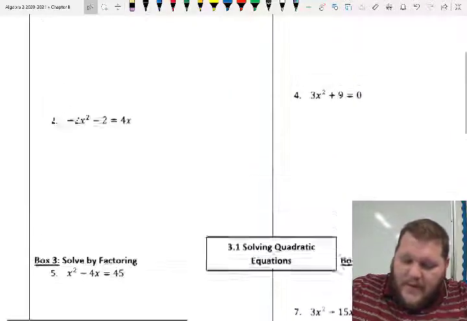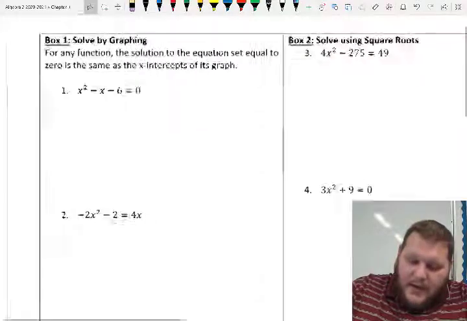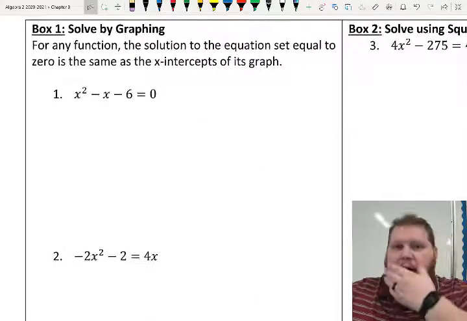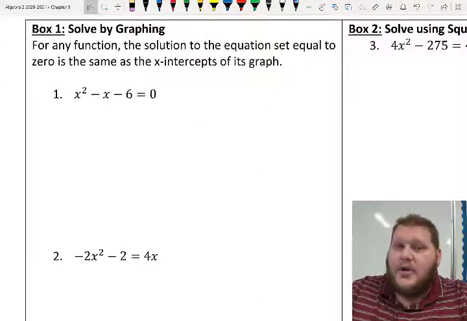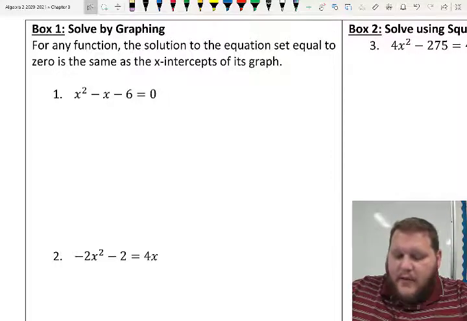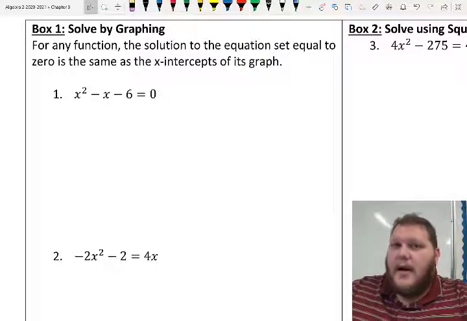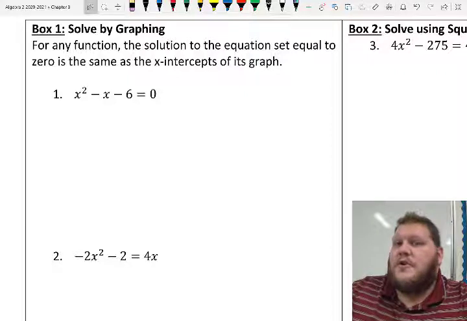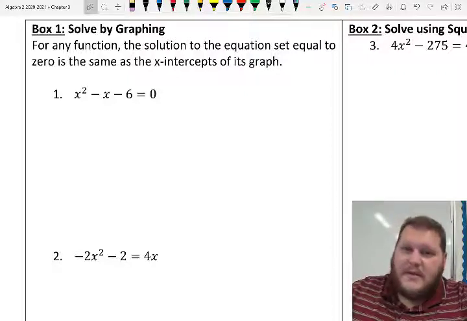So our first method in our first box here for solving a quadratic is to solve by graphing. Now this I'm not going to actually show you in here, because if you're going to choose that method, I suggest using Desmos.